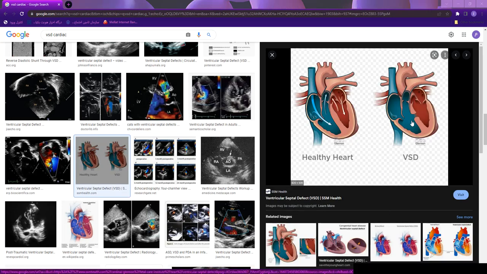For example, this VSD is a muscular VSD. If the size of the VSD is small, we can observe it, but in a large VSD we must operate.